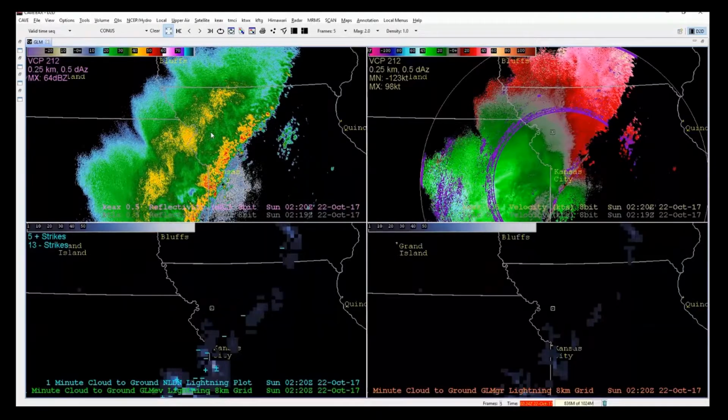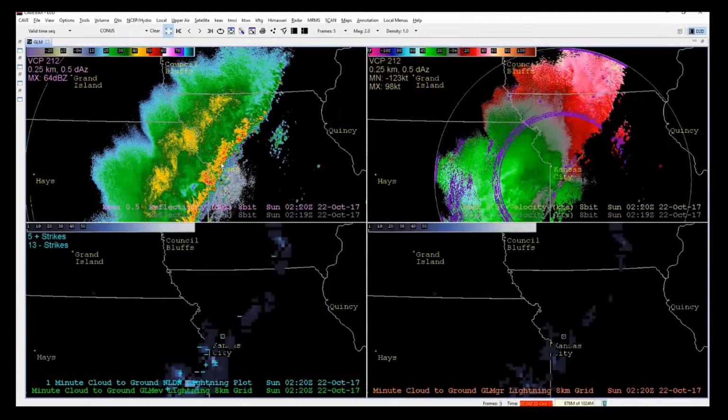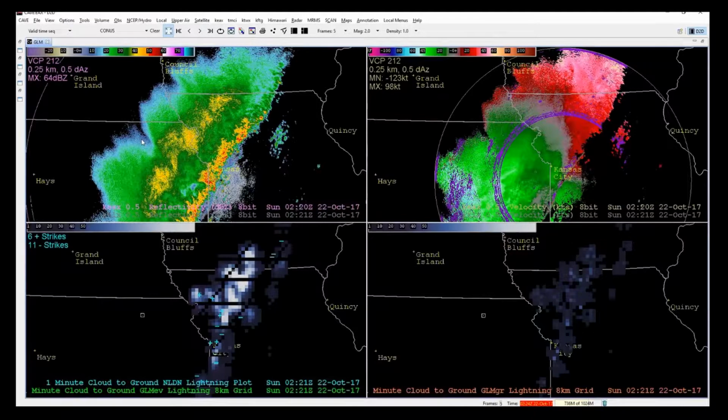And so we're still looking at, on the bottom left, event density with the pluses and minuses indicating NLDN lightning, and then the group density on the bottom right. You have an MCS kind of look, a QLCS, a broken line extending well up into northern Missouri here.